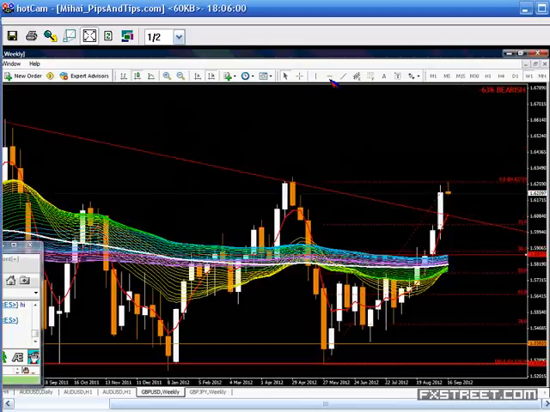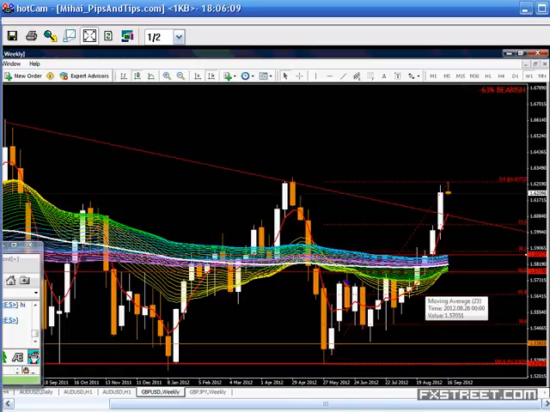Right here, the bottom of the rainbow is the lowest moving average within the rainbow formation. I eliminated the reds from this template because sometimes they can be a bit confusing. They are following price very closely, and they don't tend to have so much weight as a technical level.